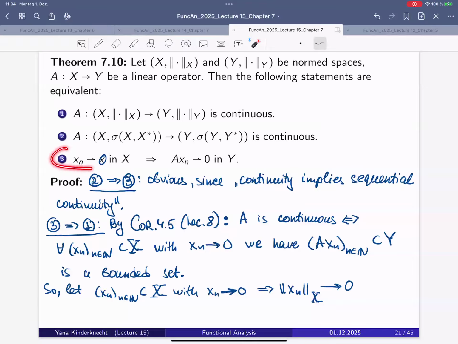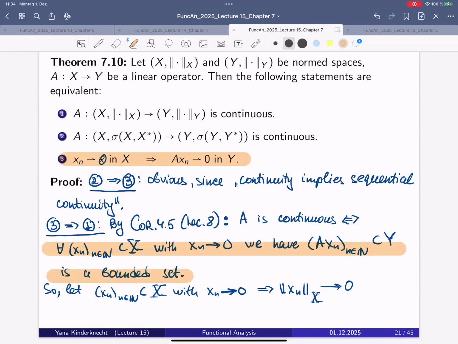So this is our assumption, and this is what we want to show. So let me mark, probably. This is what we have, and this is what we want to show. So what does it mean? We want to show this.